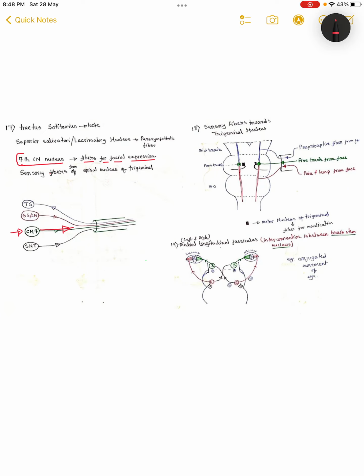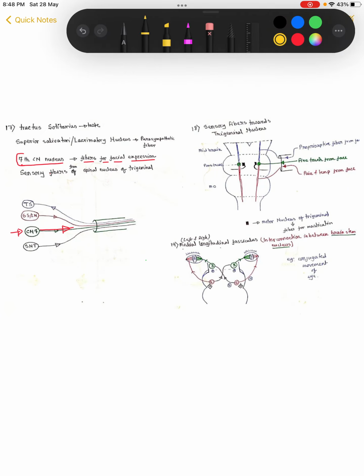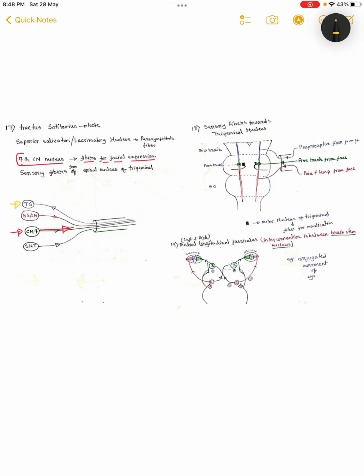Now you see there are some other association fibers. Let's take first, this one is our Tractus solitarius. So Tractus solitarius also has some fibers going to our facial nerve, which is responsible for taste of the anterior tongue. And this kind of fiber is what?